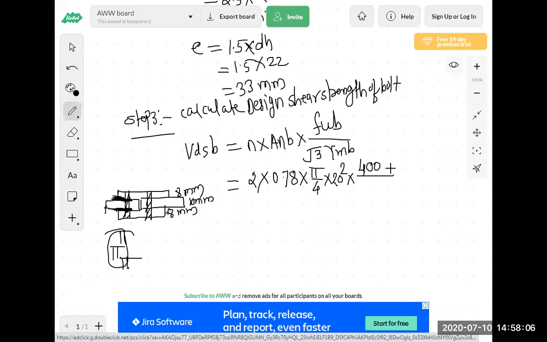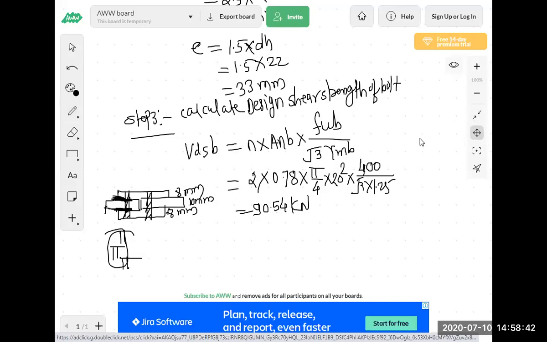From the grade of bolt, we can calculate the ultimate tensile strength of the bolt. So 400 divided by under root of 3 into gamma MB, which is 1.25. So again here the answer is 90.54. Is this correct? Yes, sir. Okay.